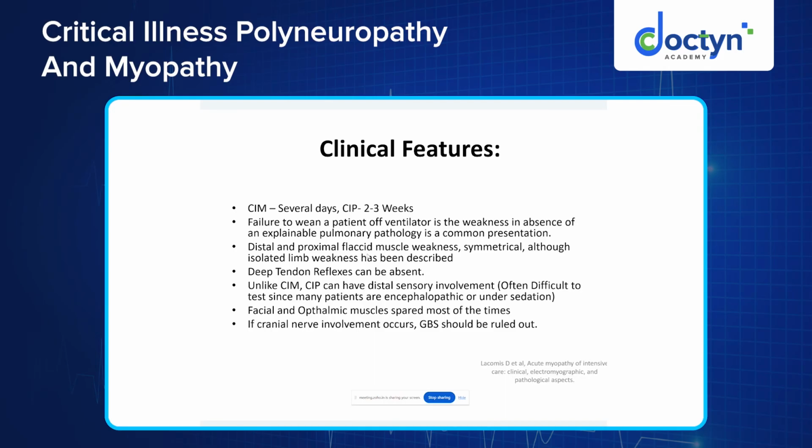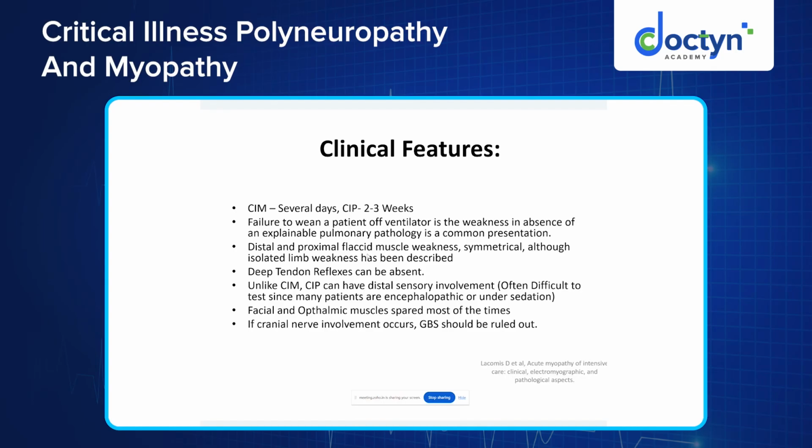If there is no pulmonary pathology, try to understand this. The patient is not having any pulmonary pathology, even if he is on a ventilator, the lungs appear to be normal. The parenchyma of the lungs is normal. The pleural cavity is normal.